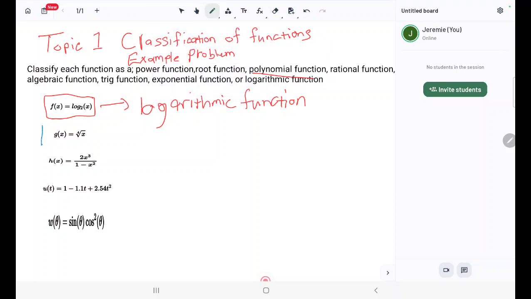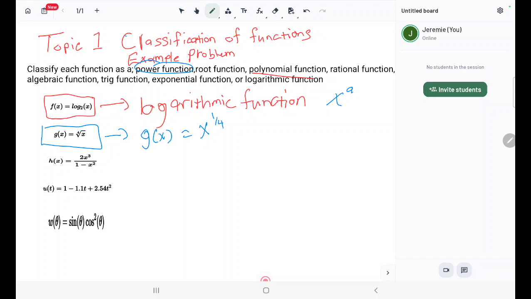How about g of x equal to the fourth root of x? Well, I think the first thing we should do is rewrite this. And you should know this by now, that this can be rewritten in terms of powers of x. So g of x is equal to x to the 1/4 power. Any kind of power function can be written as x to the power a. This is a power function.